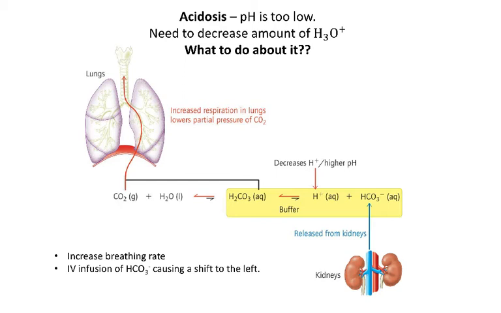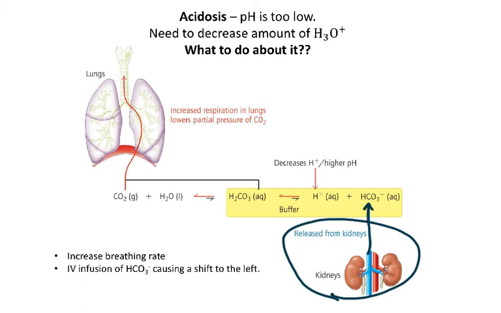So if acidosis is the problem, it means pH is too low. There's too much H plus. We need to decrease the amount of H plus. How can we do that? One is, not like we have control over it, but the kidneys can release more bicarb.